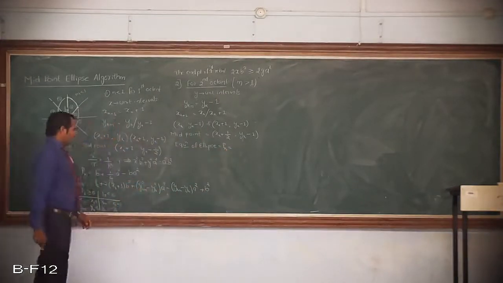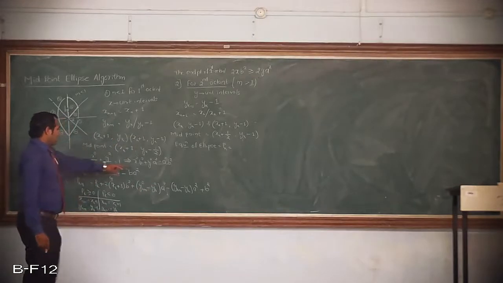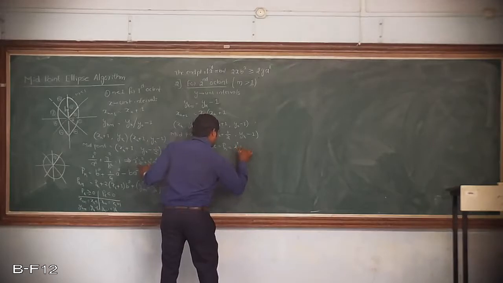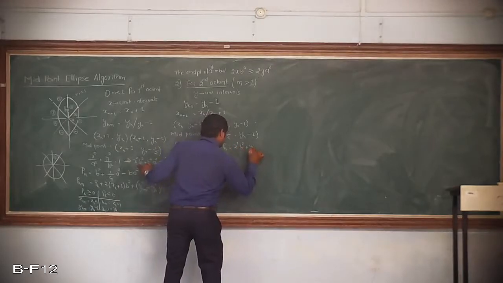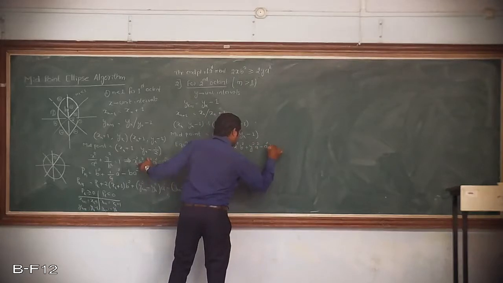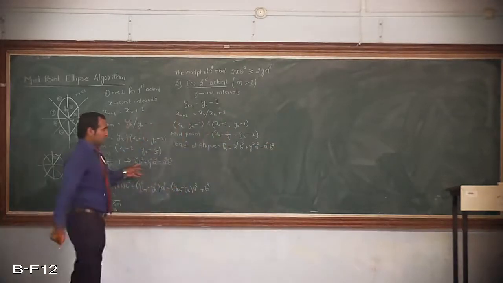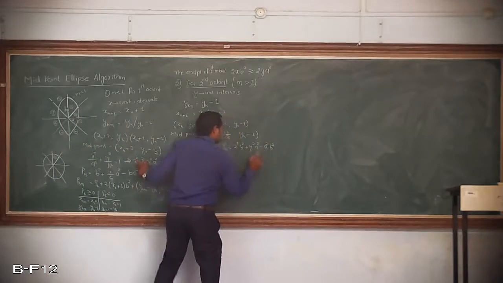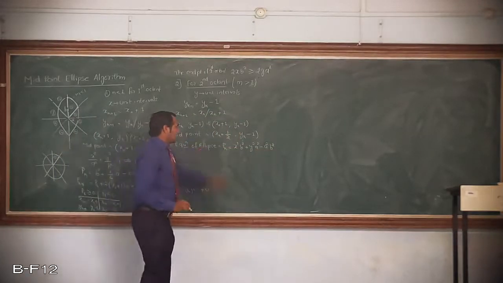This will be equal to x square b square plus y square a square minus a square b square. Same equation of ellipse. Now you have to substitute the value of x and y.